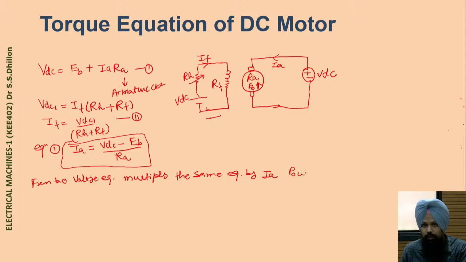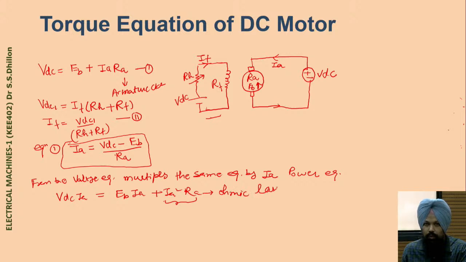We get VDC into Ia equals Eb into Ia plus Ia square into Ra. We know that Ia square Ra is the ohmic loss, which is dissipated in the surroundings.